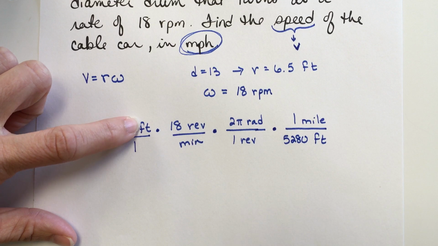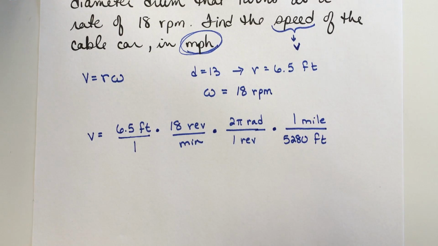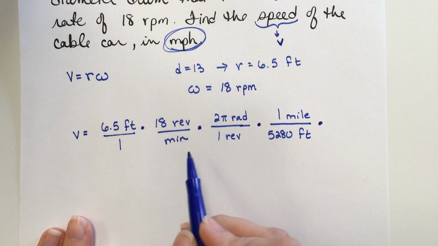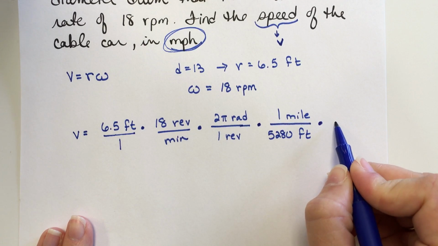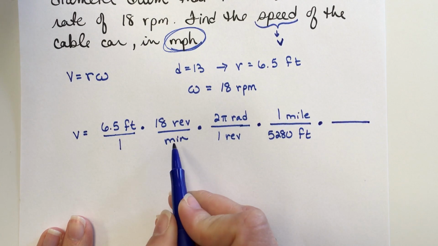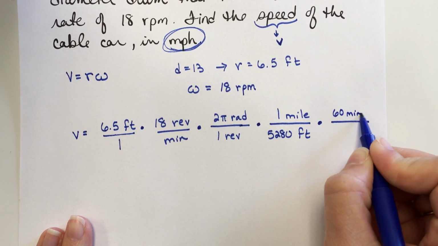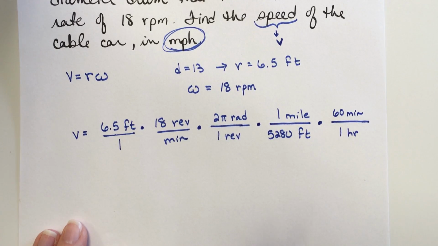So if this feet is in the top, you have to put that feet in the bottom in order to get them to cancel. Now you also want this to be in hours, which means you need to get rid of the minutes. We know there's 60 minutes in an hour, but if I want to cancel the minutes out, I've got to put the 60 minutes on the top and the 1 hour needs to go to the bottom, okay?